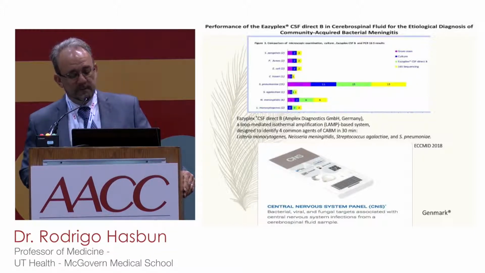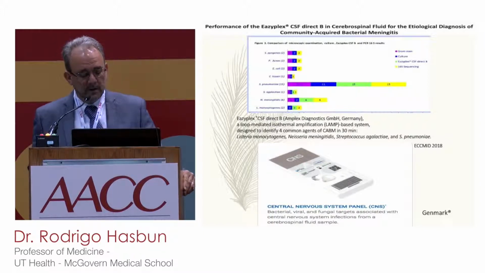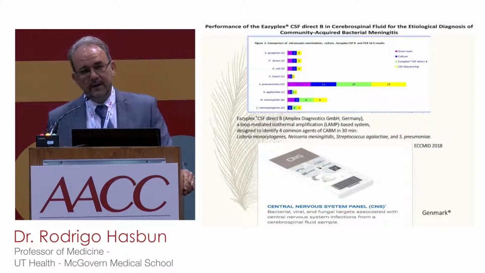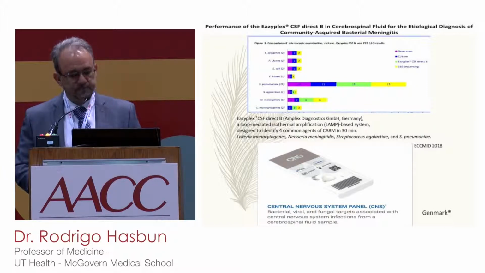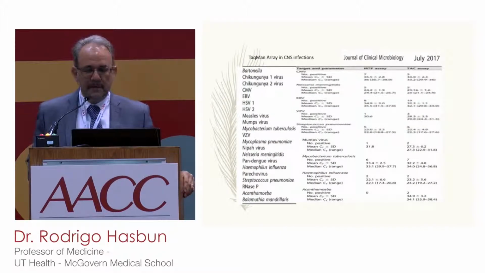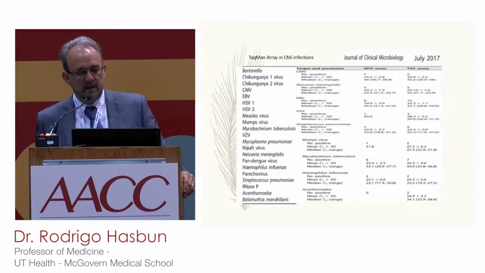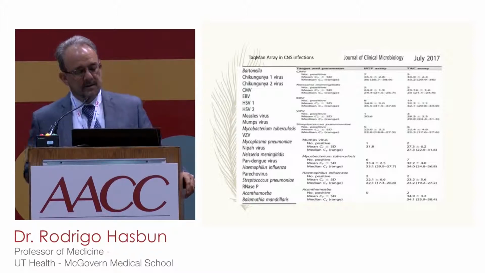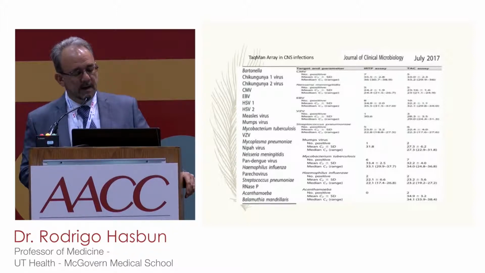There's another one in development by GenMark called the CNS ePlex panel, but there are no studies available that I'm aware of. And then there's this TaqMan Array Card CNS infection study, where it really detects a lot more etiologies than the FilmArray. So look at Bartonella, chikungunya, CMV, EBV, HSV1, HSV2, measles, mumps, TB, VZV, mycoplasma, Nipah, meningococcus, dengue, Haemophilus.